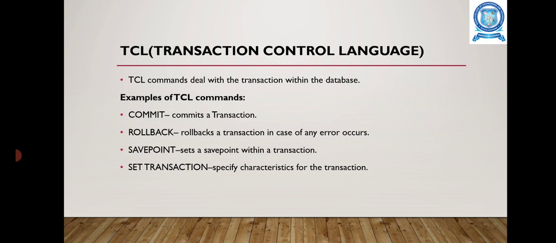That means the particular transaction is fully completed, so we have to commit it. Then rollback rolls back a transaction in case any error occurs. Then next one is the save point. It sets a save point within a particular transaction. Next one is the set transaction, which specifies the characteristics for the transaction.